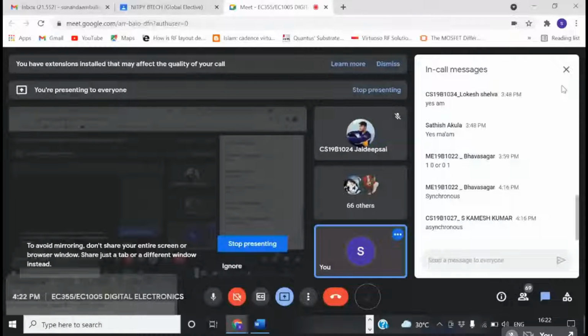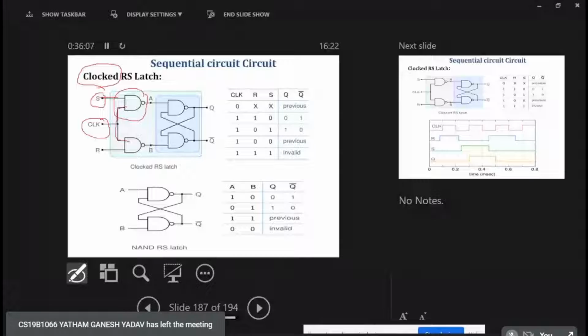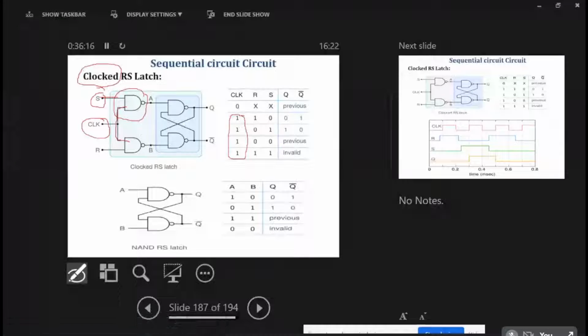But here we will not take the 8 combinations. Why are we not interested in the 8 combinations? Because we are interested in the moment in which the change occurs, that is, when the clock signal is enabled. Whenever the clock signal is disabled, regardless of the values of the inputs, it should not change anything.